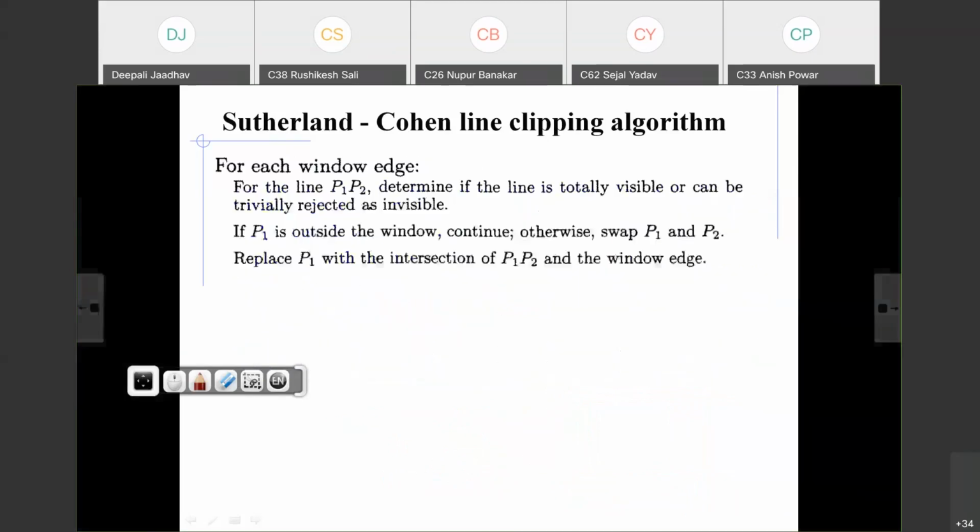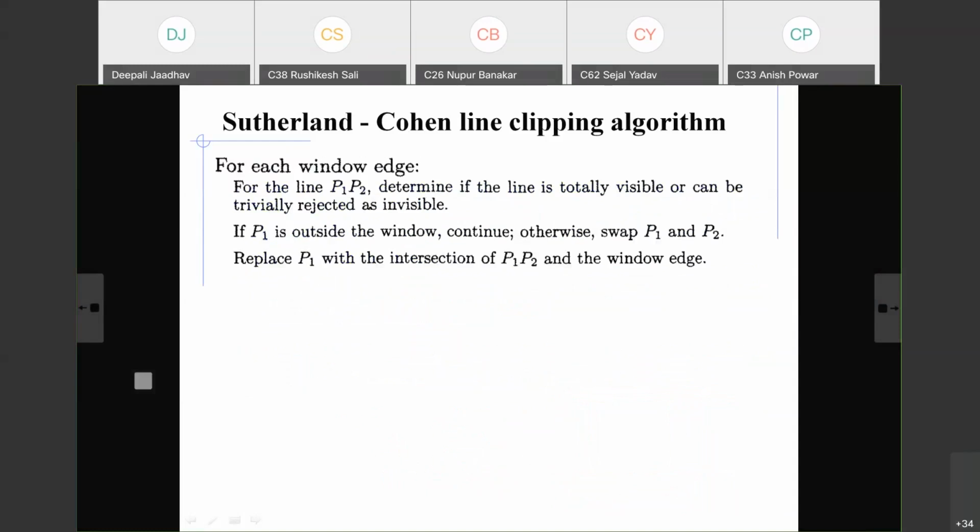The simple algorithm stated here: for each window edge, for the line P1, P2, determine if the line is totally visible or can be trivially rejected as invisible. If the line is totally visible, we directly draw that line. If the line is invisible, then ignore that line.